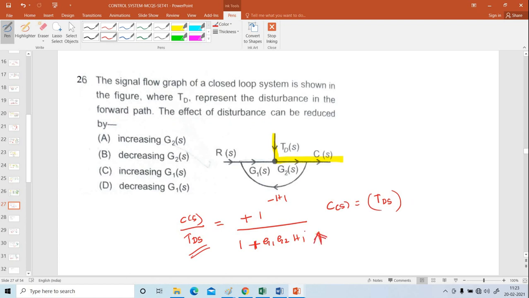So increasing the denominator means C of S divided by TD of S should be decreased. Okay, increasing the denominator, the total value should be decreased. That's all. So increasing the G1 of S, that is the correct answer.